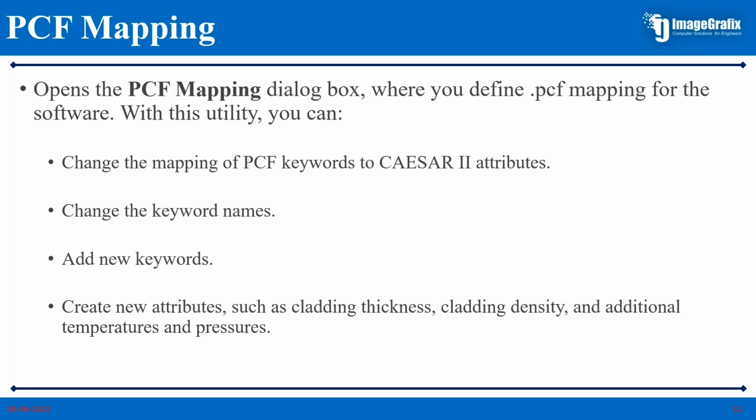Say, for example, design temperature. If the CAESAR II PCF attribute is component attribute 10, then I'll map it so that whatever value is against component attribute 10 should come under T1. Or component attribute 12, which corresponds to design pressure, should come under P1. This is what I'll be categorizing in my first mapping steps.